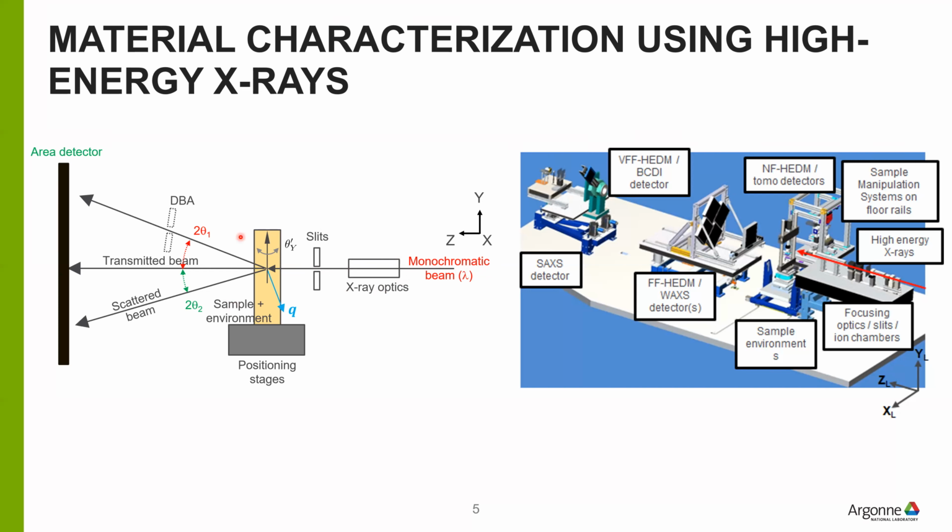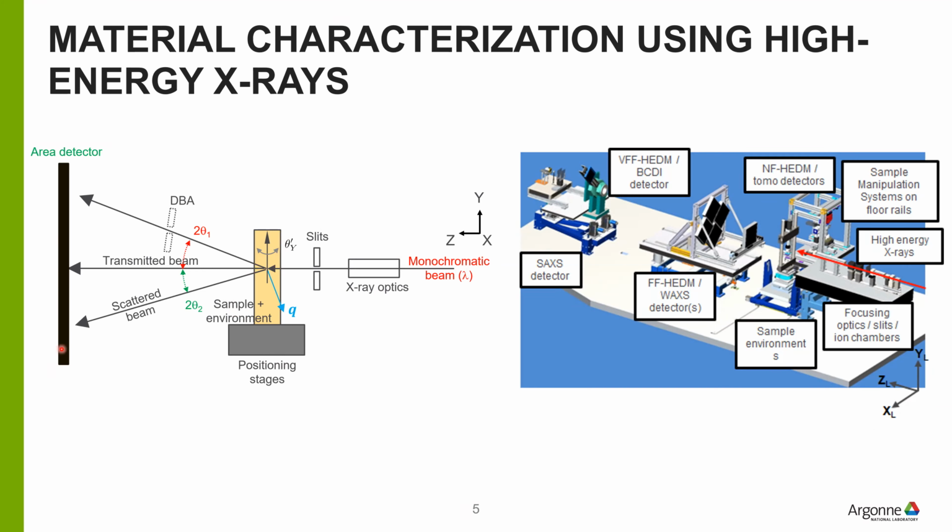We have a sample and sample environment sitting here, and positioning stages that will move the sample appropriately. Of the sample positioning stages, the rotation is of particular importance. That's critical for getting multidimensional data, and I'll highlight that as I go along with the slides.